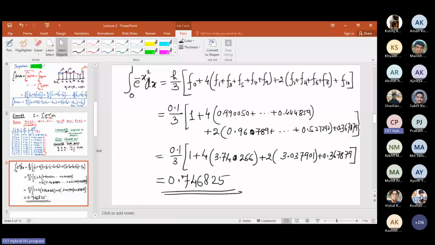So the point here is that if the data points are given, not the function, then we can also simply apply this Simpson's 1/3 formula and get the value of numerical integration. All right, so that is one point of view to look at it.